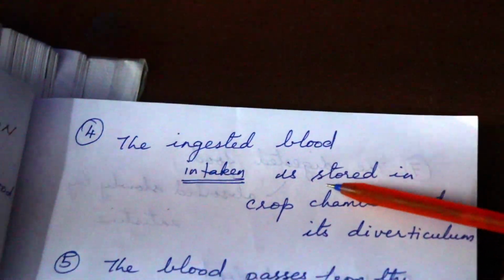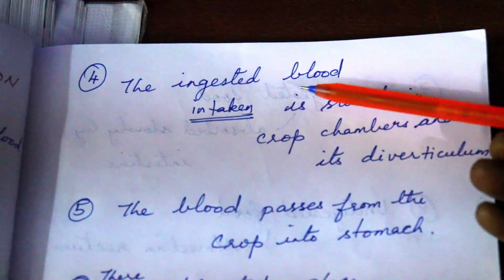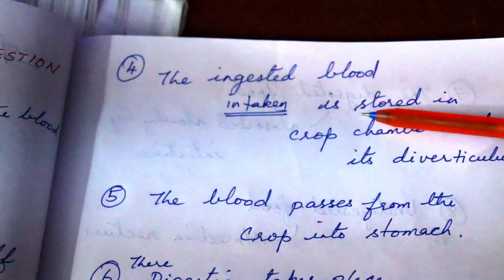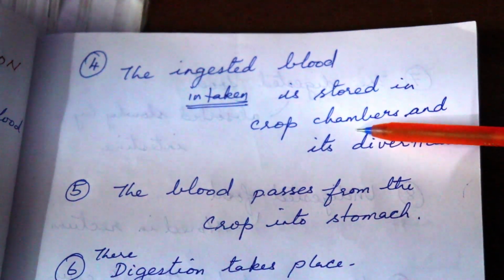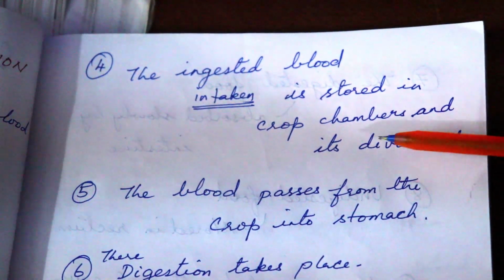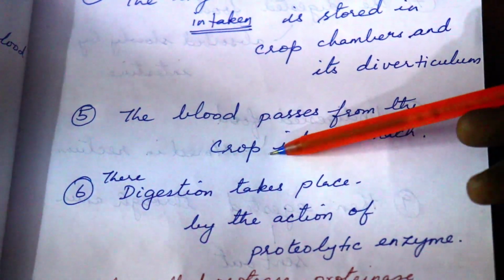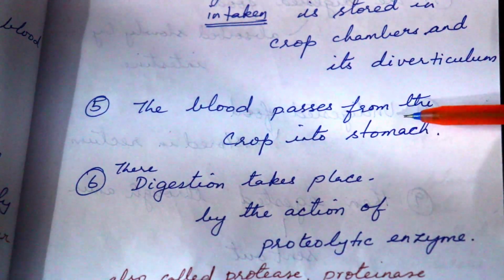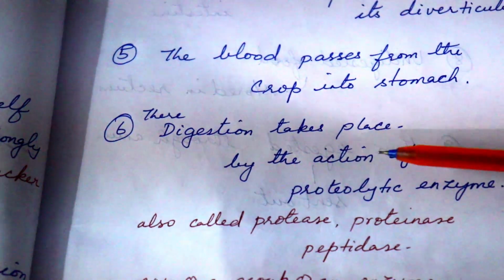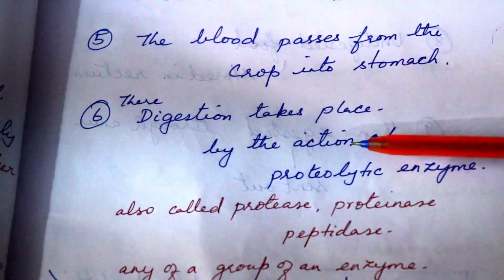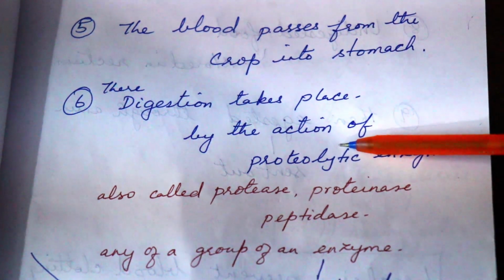Now fourth is the ingested blood. Already blood is ingested and stored in the crop chambers and its diverticula. Now the blood passes from the crop into the stomach, where digestion takes place.